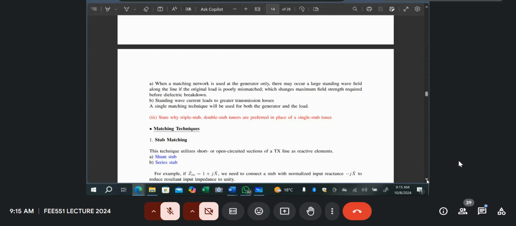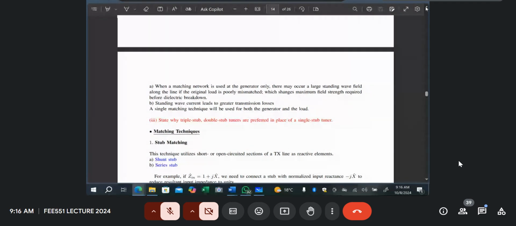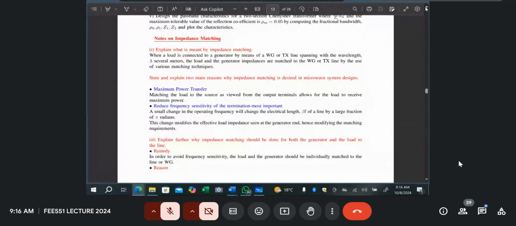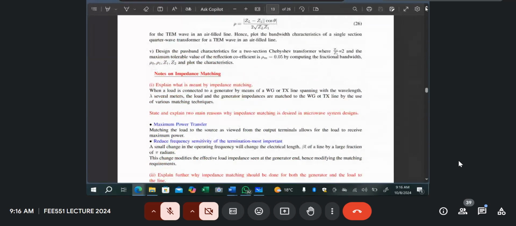Excuse me, sir. Can you kindly move to the previous slide? I think the page where we are talking about, I think it was a question. Yeah, this one. State and explain the two main reasons for impedance matching. Why impedance matching is desired in microwave system design.